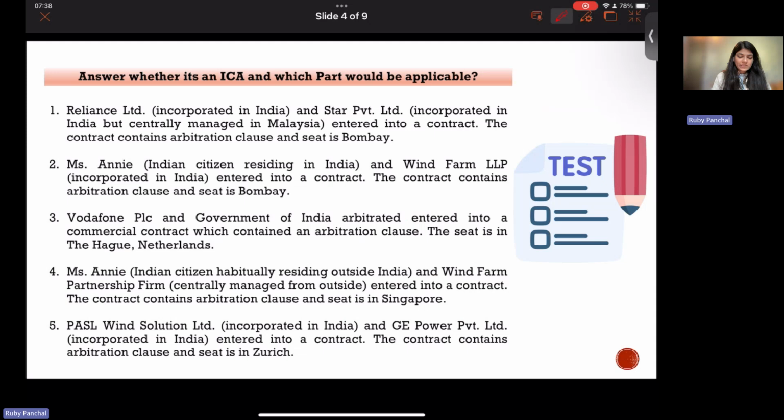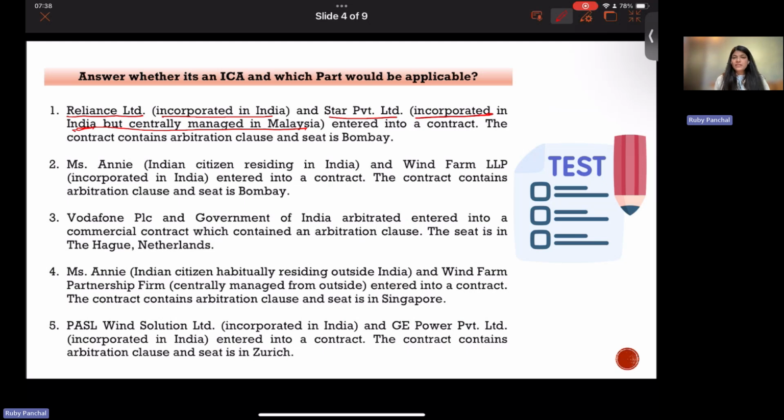The first example is Reliance Limited, incorporated in India, and Star Private Limited, incorporated in India, but centrally managed in Malaysia, right? And by centrally managed, we could mean that the directors sit in Malaysia, they're taking all the major decisions from Malaysia, perhaps the board meetings are being undertaken in Malaysia, so on and so forth.